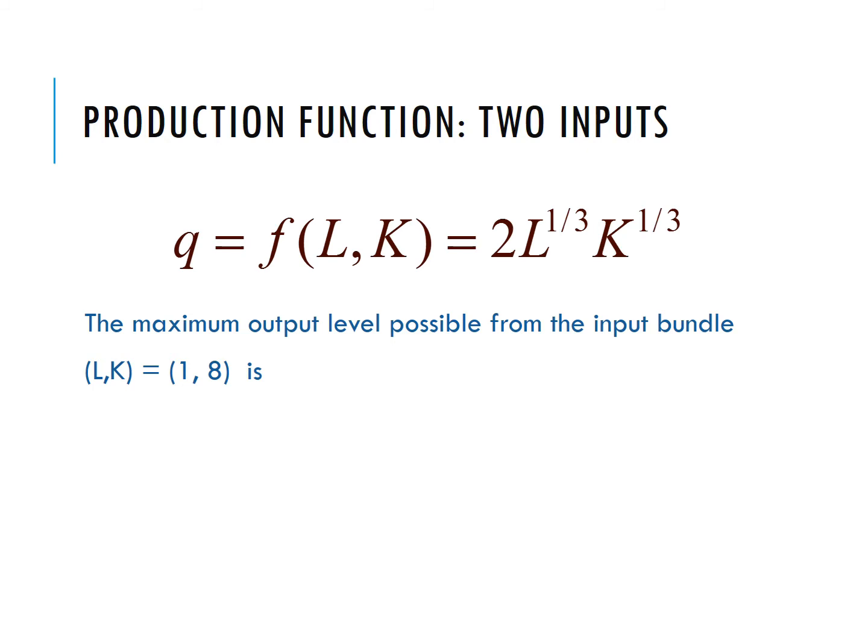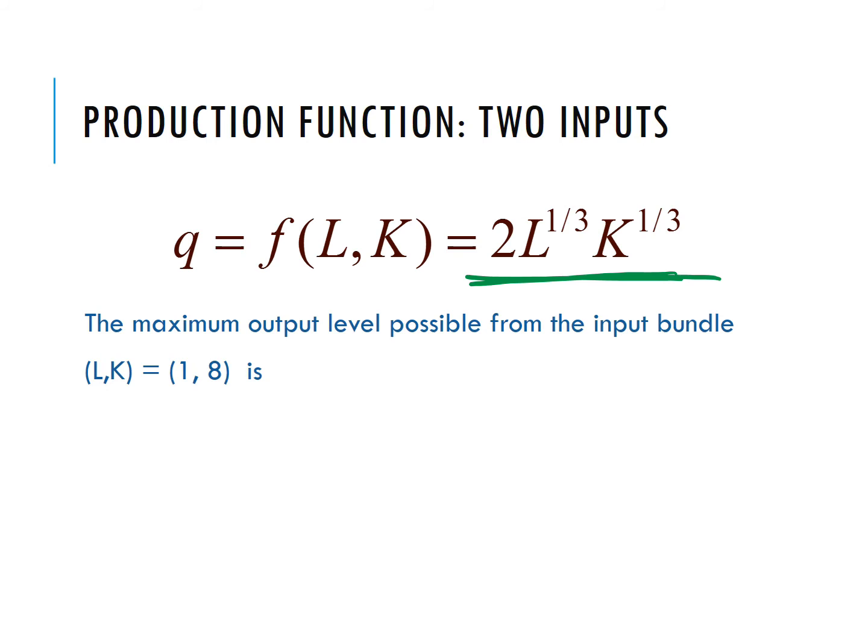So here's an example of a production function. I have quantity as a function of labor and capital. And I just wanted to show you that we can take this expression, which is 2 times the number of workers raised to the 1/3 power times the amount of capital raised to the 1/3 power, and we can plug in the number of workers and the amount of capital and find the quantity.